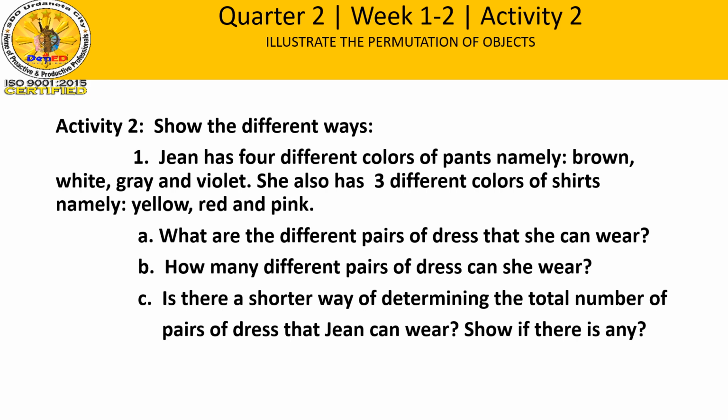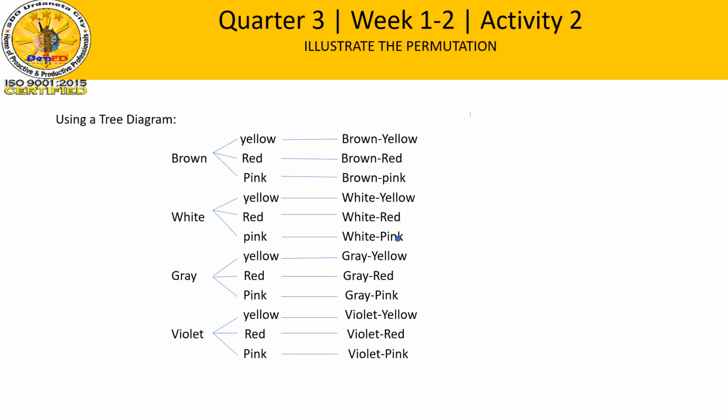In question letter A, we will have to use a tree diagram. We will pair the different colors of pants, namely brown, white, gray, and violet, and three different colors of shirts, namely yellow, red, and pink.